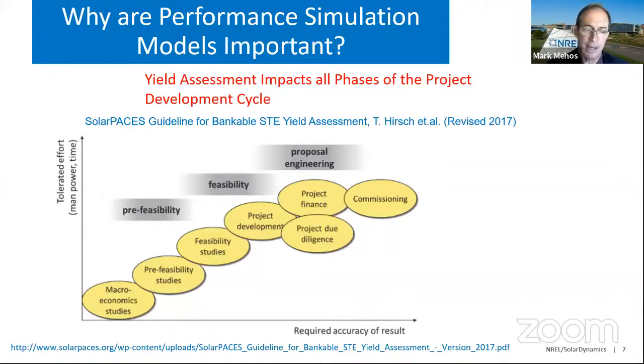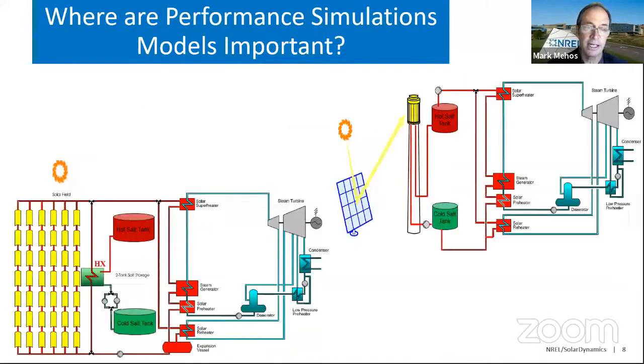Modeling impacts everything from the preliminary macroeconomics to pre-feasibility, feasibility studies, the development, the commissioning, and then eventually, operation of the plant. As you go through each of those stages, the importance increases, but the uncertainty of that modeling ideally decreases over time. I'll talk a little bit more about that later.